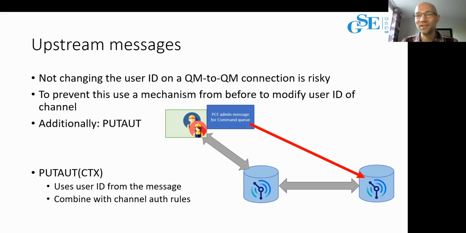It is documented. We actually have a table in the MQ documentation that lists exactly which user IDs are going to get checked based on whether it's one or two user IDs that get checked and what your PUTAUT setting is for the channel. So I'll leave that as an exercise for you to look at in more detail. But the message here is that you should have something set up, and we do have a lot of options available for you to set it up in exactly the way that you want to.